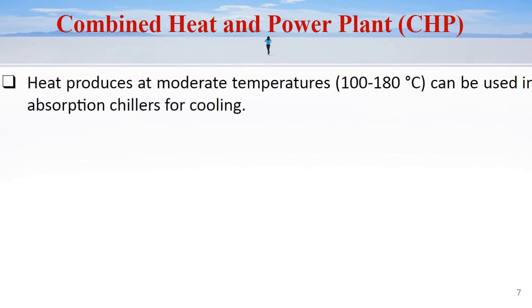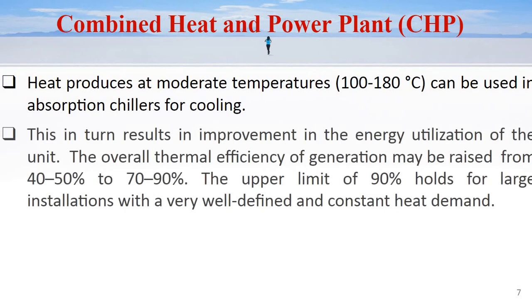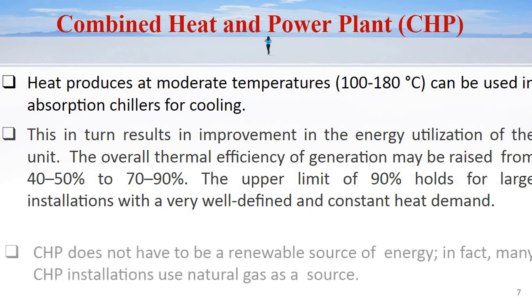The heat produced at moderate temperatures can be used in absorption chillers for cooling. This in turn results in improvement in the energy utilization of the unit. So the overall thermal efficiency increases from 40 to 50% to 70 to 90%.